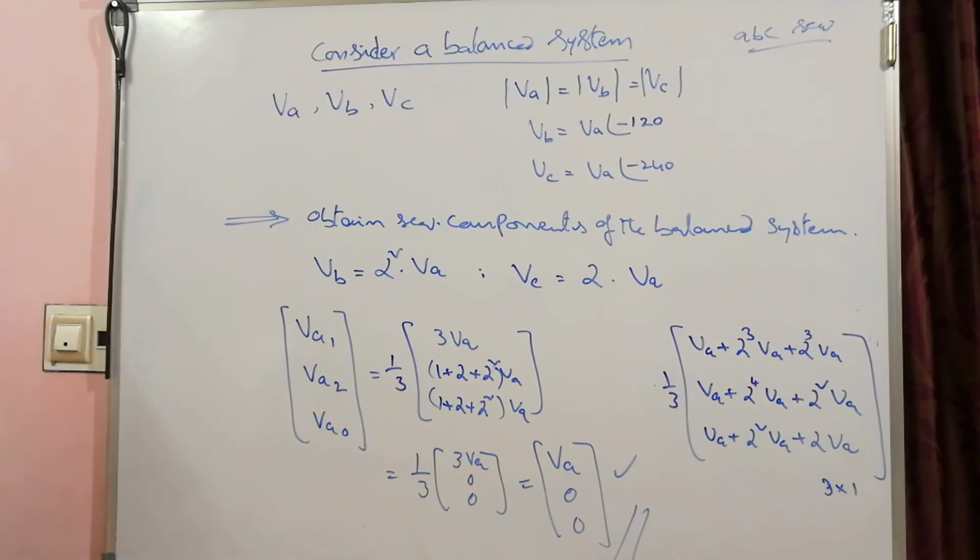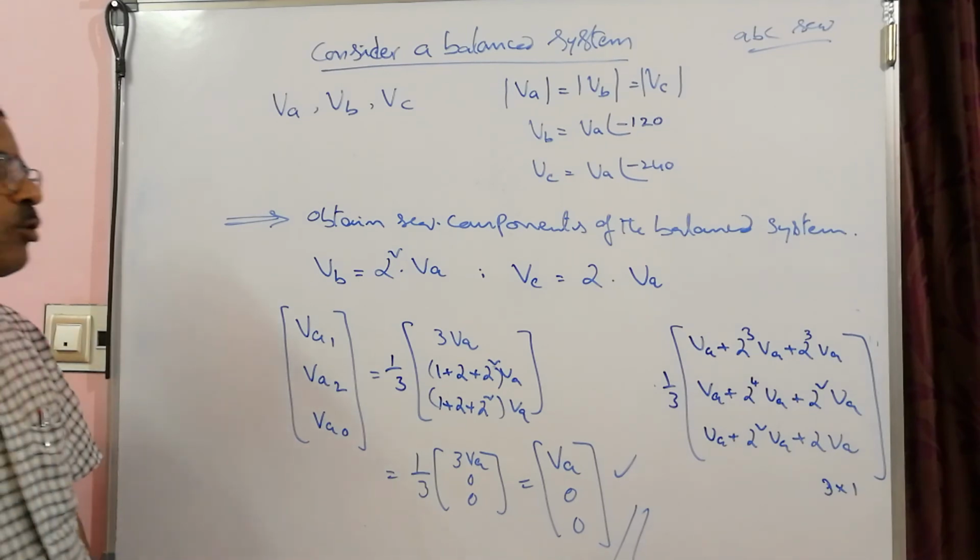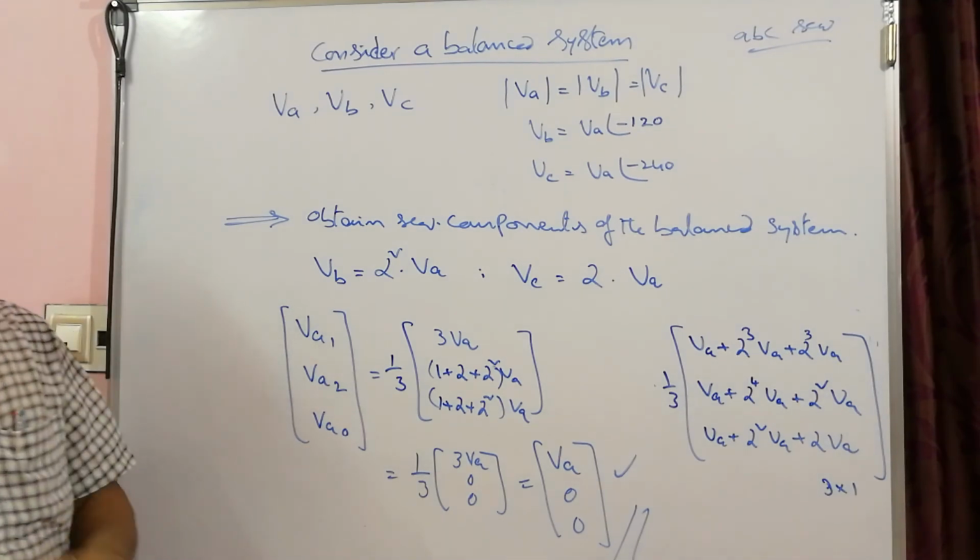For a balanced set of voltages or currents, they will have only positive sequence voltages or currents respectively, no negative and zero sequence components, or zero and negative sequence components are absent.